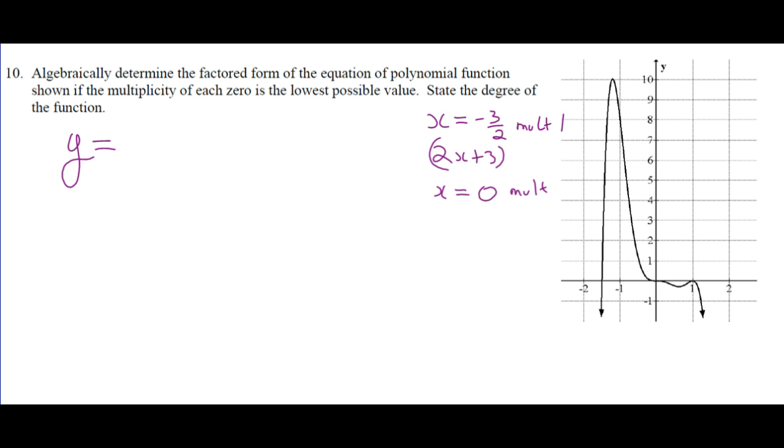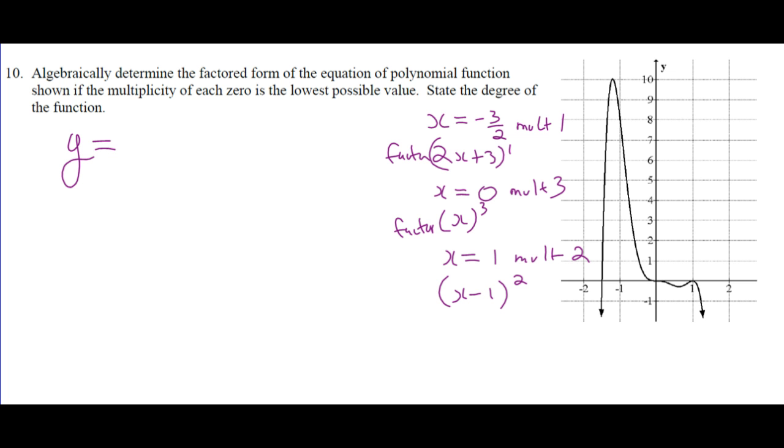And then we've got x equals 1. Oh wait, so the factor is x. This factor is x. Well, actually it'd be x cubed, right? That's an x cubed. That's a 2x plus 3 to the 1. That's an x cubed, and the zero is x equals 1, the multiplicity is 2.